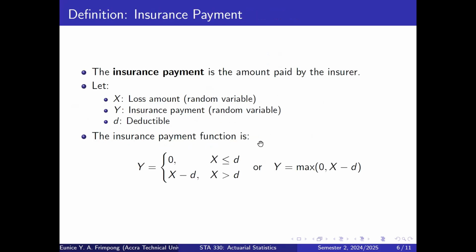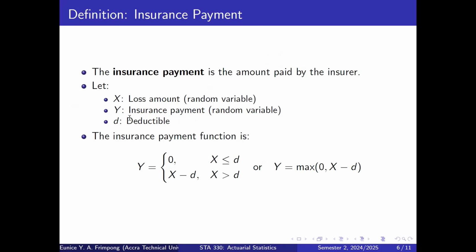Let's define the insurance payment using variables. So let X be the loss amount, which is a random variable. Let Y be the insurance payment and D be the deductible.